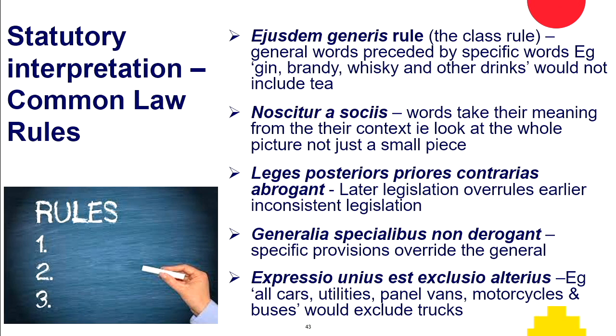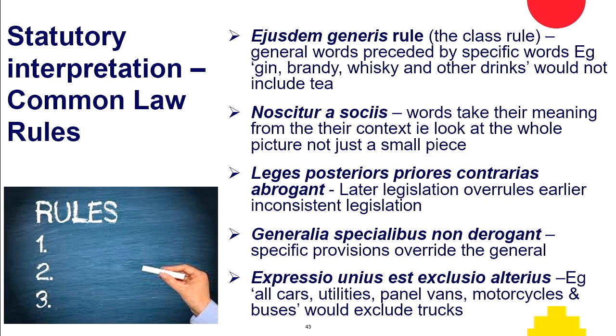We've also got these principles that later legislation overrules earlier inconsistent legislation. So if you've got acts that are in the same area, this is very rare, but the later legislation, that interpretation will always take precedence over the earlier. There's two different tax acts, 1936 and I think 1997.